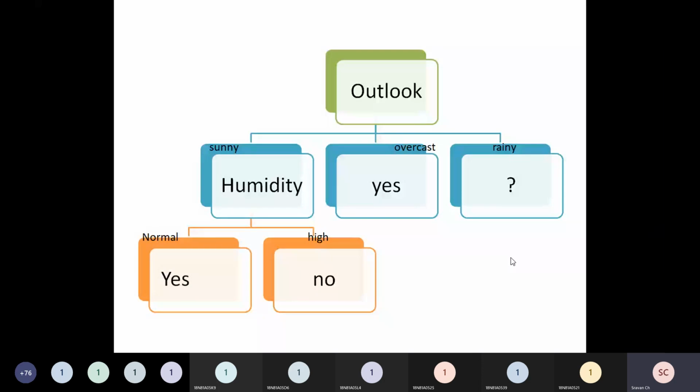After calculation, it has been noticed that the gain of windy is maximum in that rainy data set. When we consider only the outlook value as rainy, in that small data set, windy was getting maximum gain, so windy will come here.